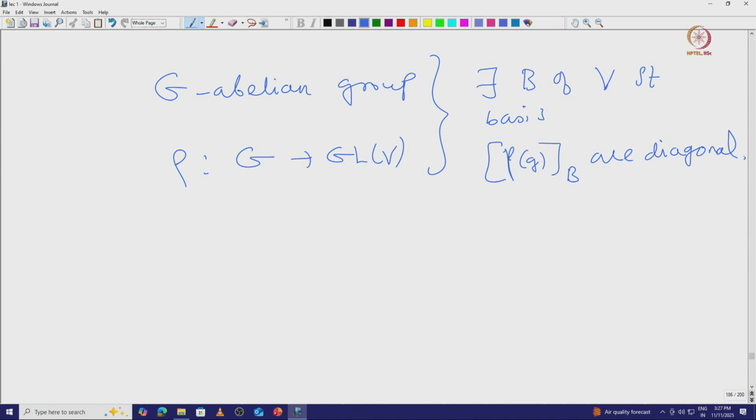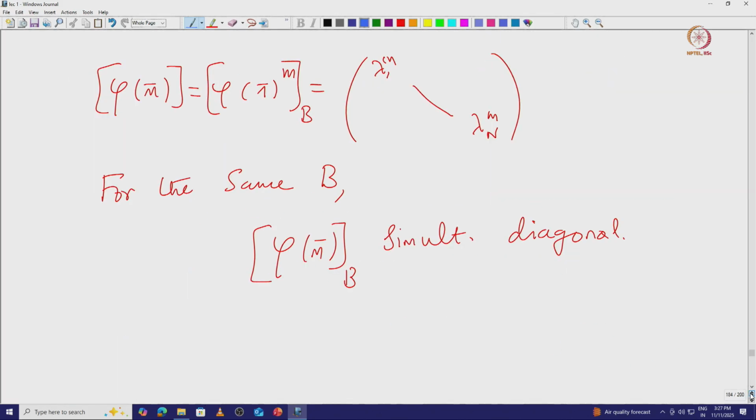So, that means we can simultaneously diagonalize all the images of G. So, that is an immediate corollary of what we have had before. But for cyclic groups that just comes from the fact that any element can be generated using the cyclic generator 1 bar. So, this actually comes for free.